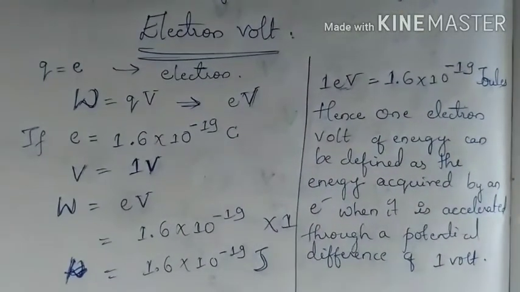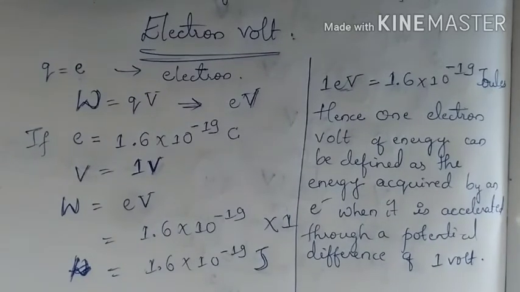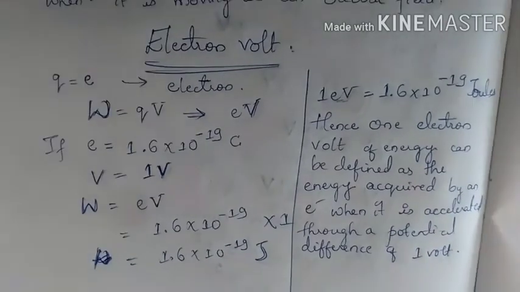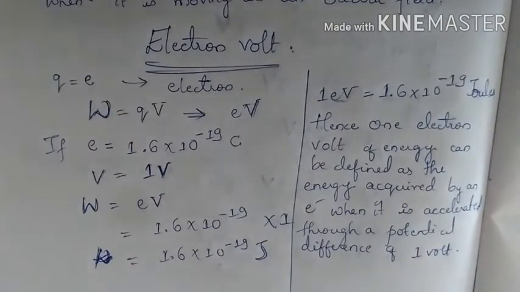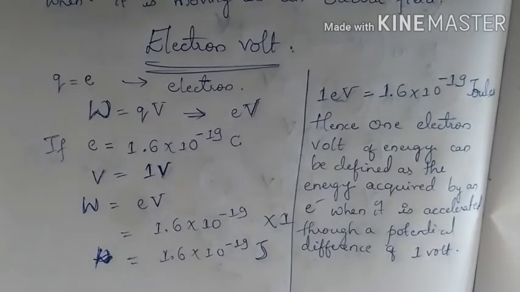Hope this concept is clear to you all. In this unit we have 2 more concepts to learn, and then after that we can wind up the chapter. The next concept is motion of a charged particle in a uniform transverse electric field. There is a derivation in this concept, and that derivation is quite long. So let us learn this derivation in our next class, because I cannot complete it in this lecture.